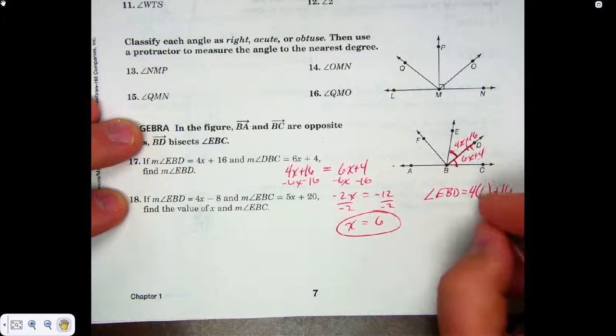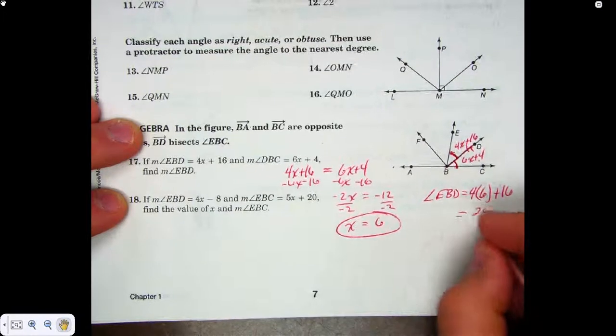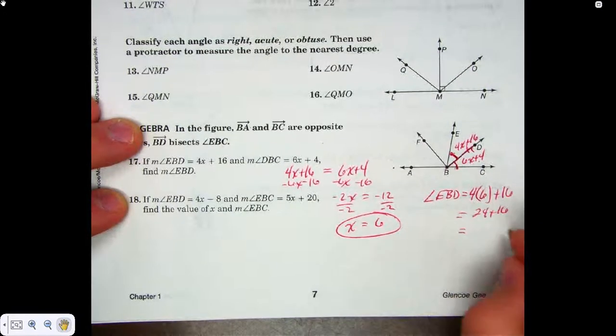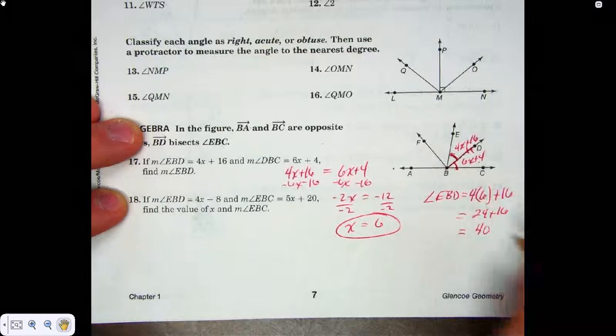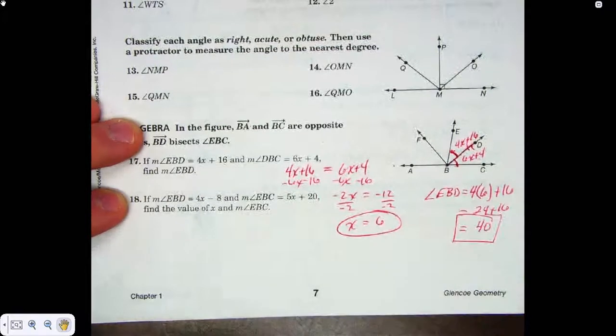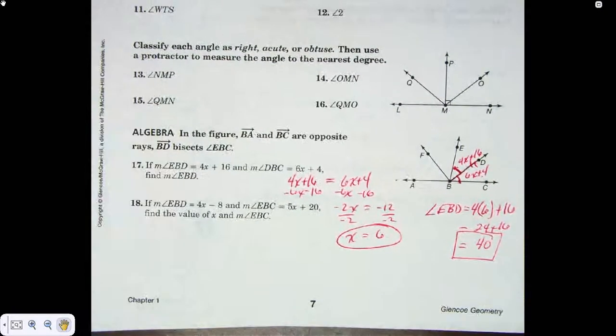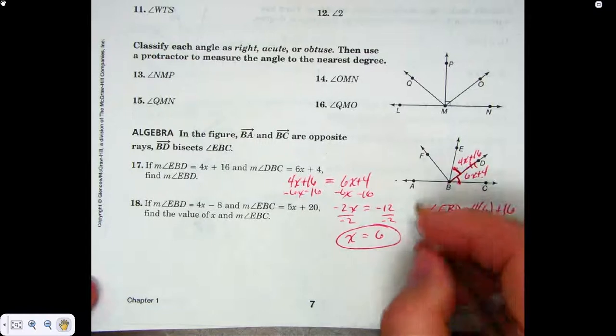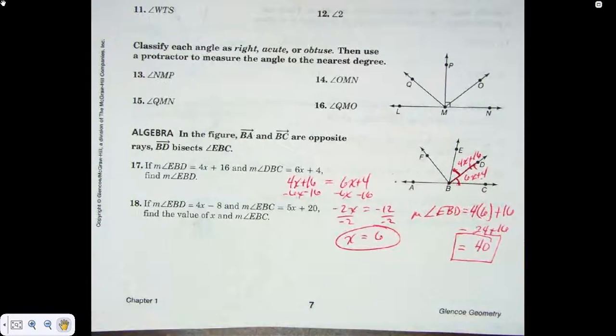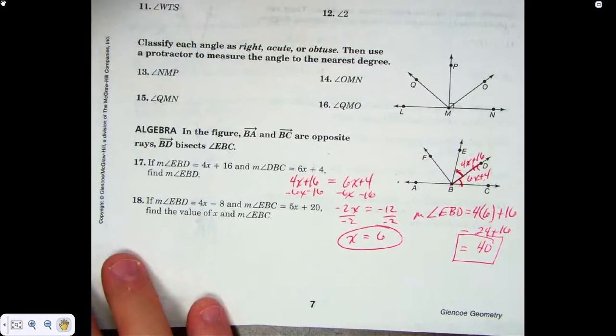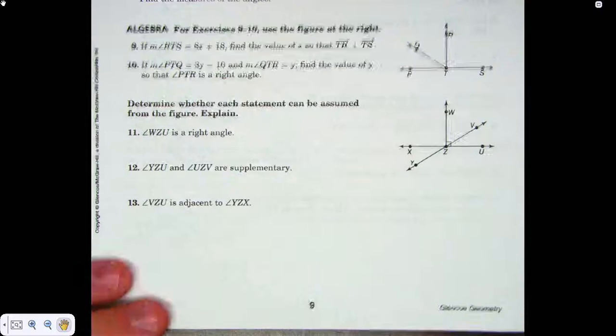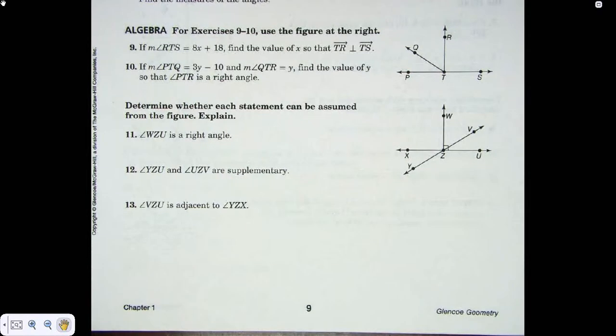What's x? Is that right? 15. Questions on this?